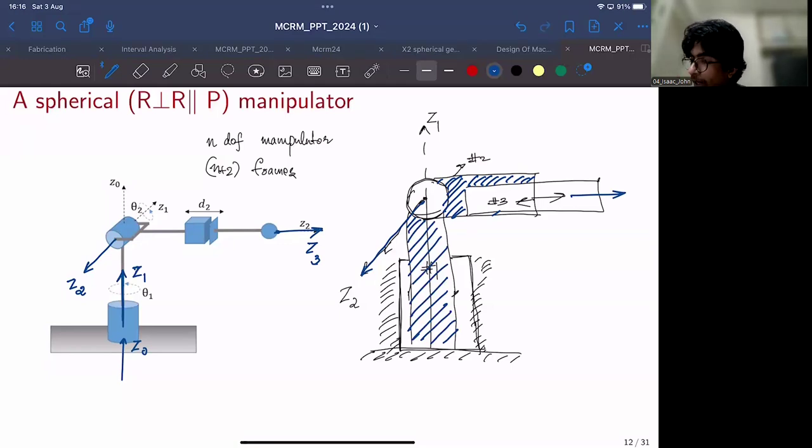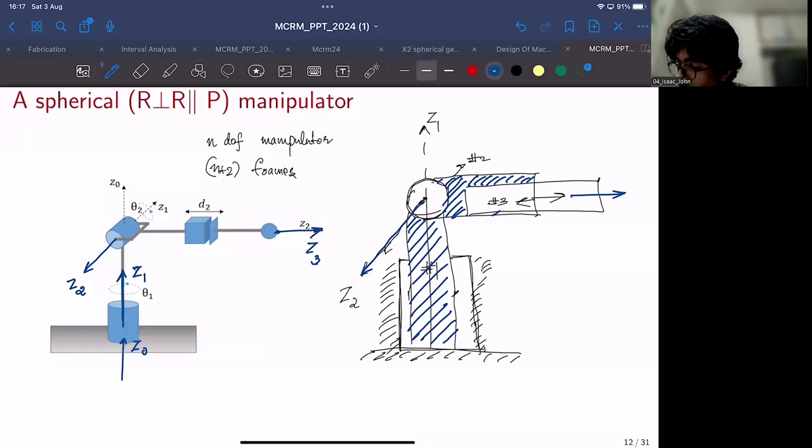now how do we locate the x-axis? How do we locate the x-axis? Now to locate x1, we need to consider the perpendicular distances between axes. x1 should be perpendicular to Z2 and Z1. So this is Z2, this is Z1. The perpendicular distance would be along this direction, right?